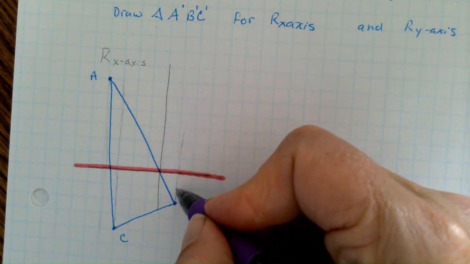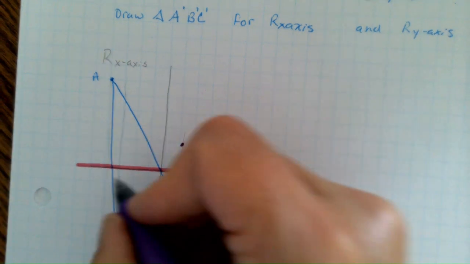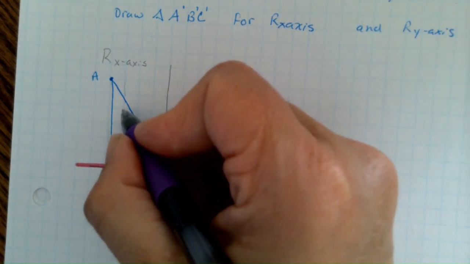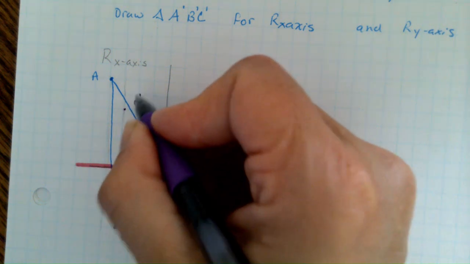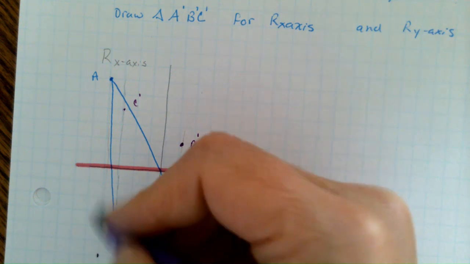So since this was 2 below, we're now 2 above. Instead of 1, 2, 3, 4 below, we're 1, 2, 3, 4 above. Instead of 6 above, we're now 6 below.